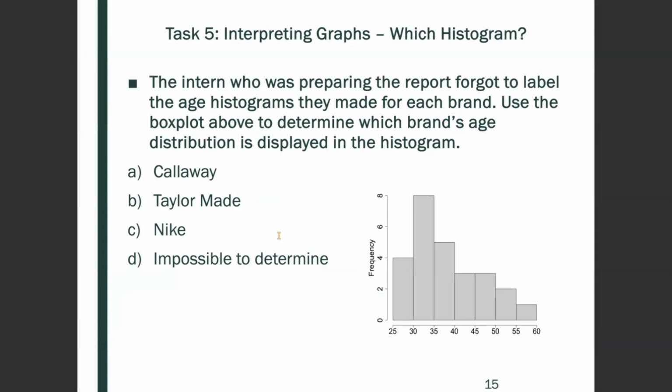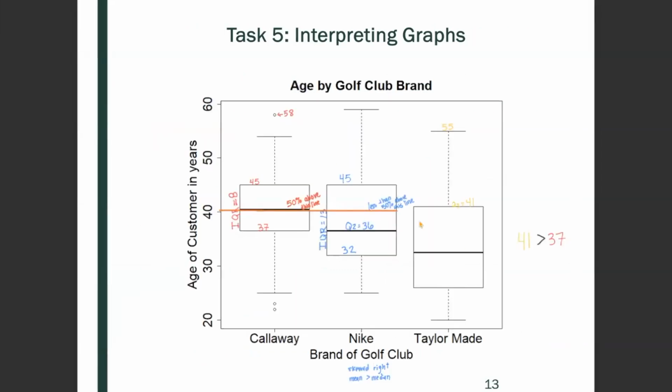Okay, next, the intern who was preparing the report forgot to label the age histograms they made for each brand. Use the box plot to determine which brand's age distribution is displayed in the histogram. So here we have a histogram, and essentially we want to match this histogram to one of these box plots.